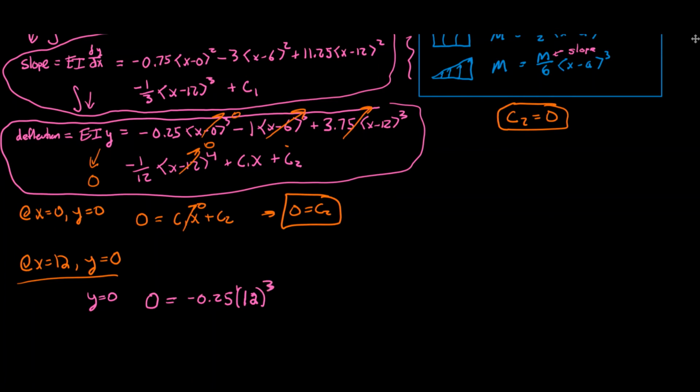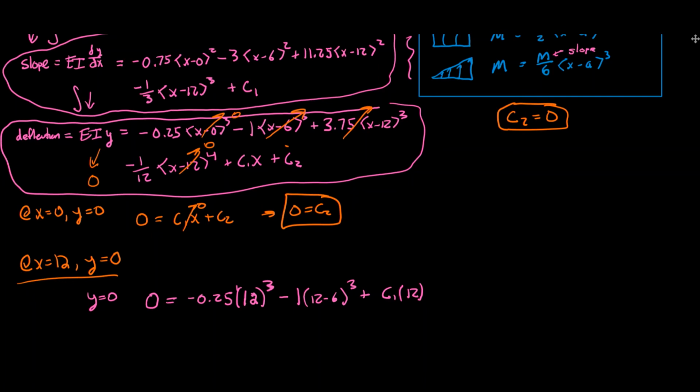And then minus 1 times 12 minus 6 to the third power, plus C1 x, so x is 12. And we know C2 is 0, so we don't have to even include that. And we need to find the C1 constant.